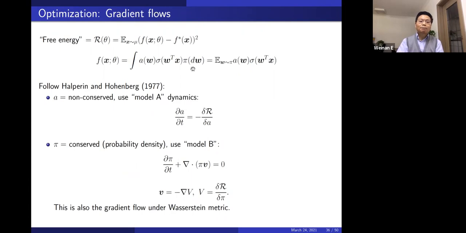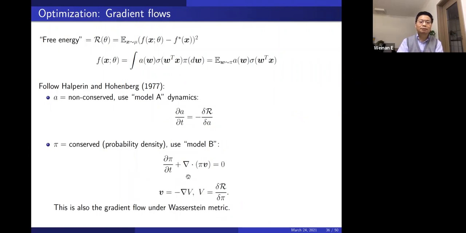And if we regard pi as being a parameter, we cannot do this, because pi is a probability distribution, so it needs to be non-negative and its total integral has to be 1. So we have to use model B, which is the following recipe. We first calculate the so-called chemical potential, and then we use Fick's law, and then we use the continuity equation.